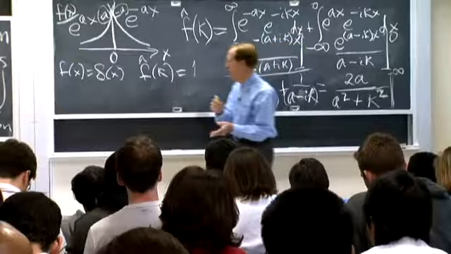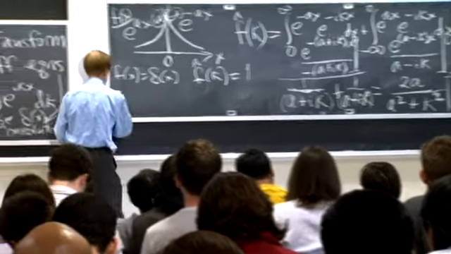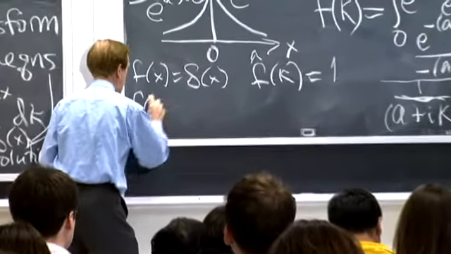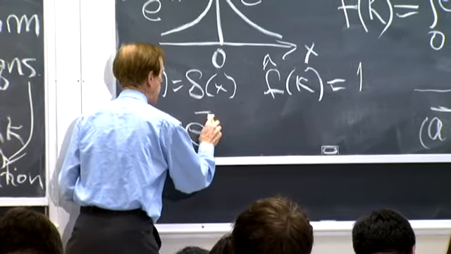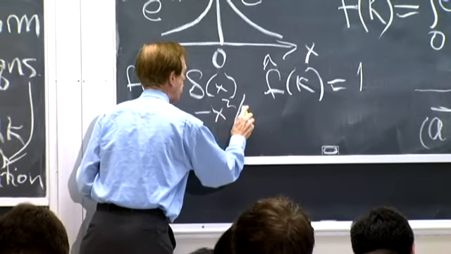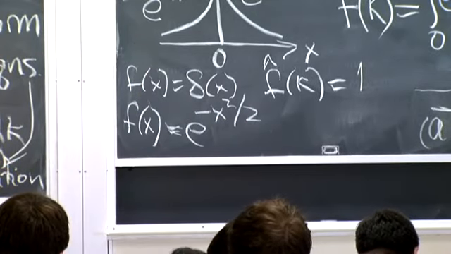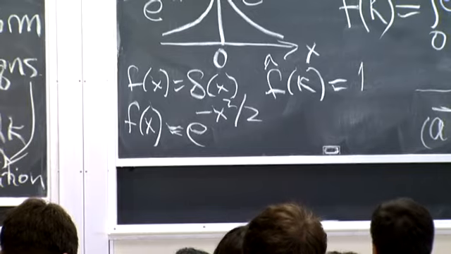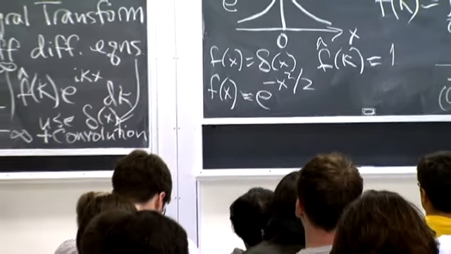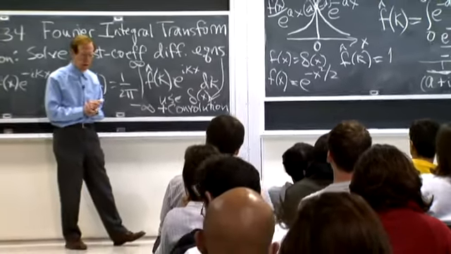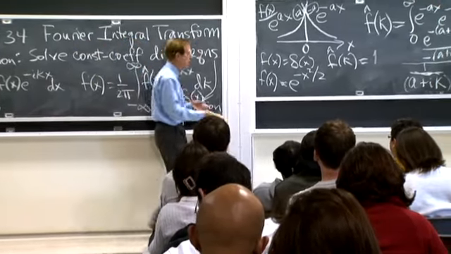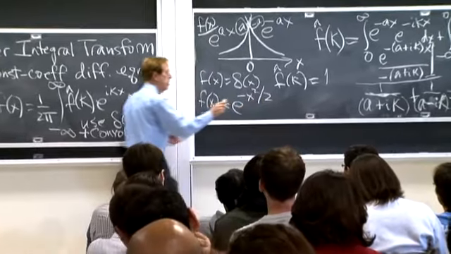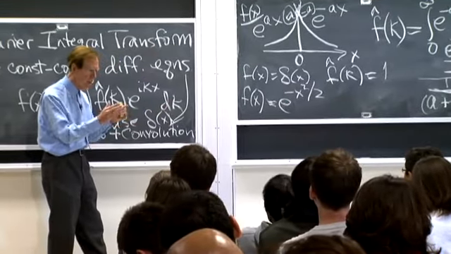Then there's one more that it takes a little trick to do, but it's a very neat one. f of x is e to the minus x squared over 2. Do you recognize that as an important function? Sometimes it has an e to the minus x squared over 2 sigma squared, a rescaling.